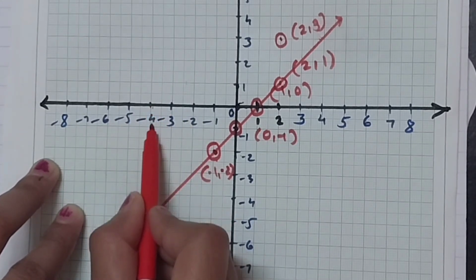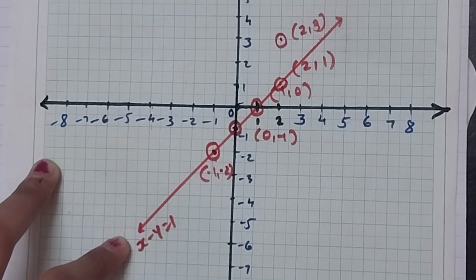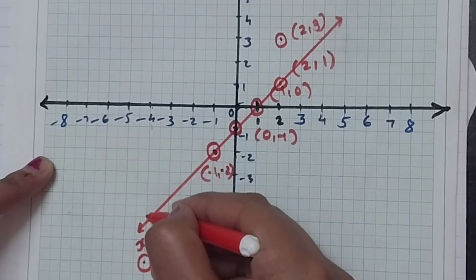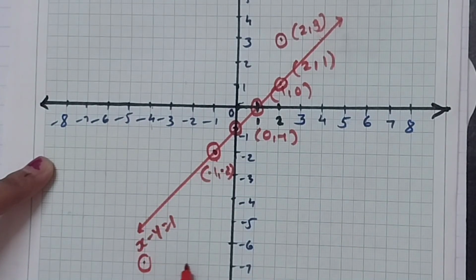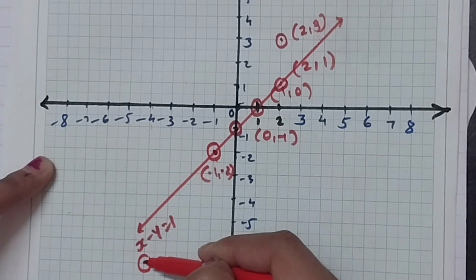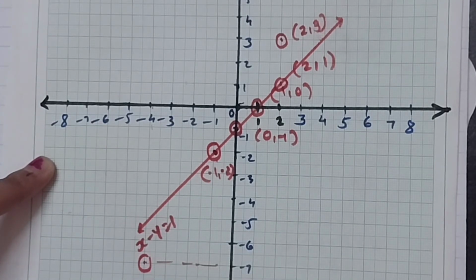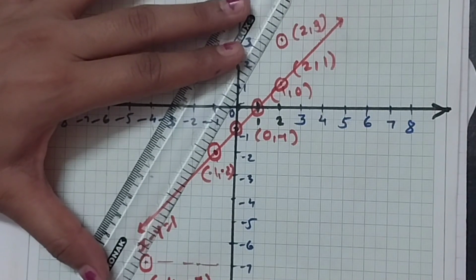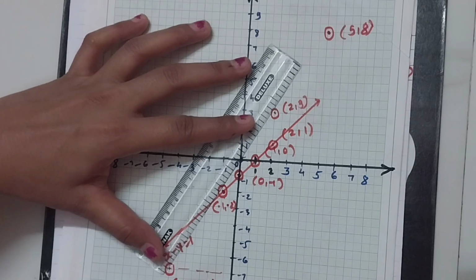This is minus 4 and y is minus 7, and this is the minus 7 of the y-axis. So we get this point here, minus 4 comma minus 7, and we will join these points like this.